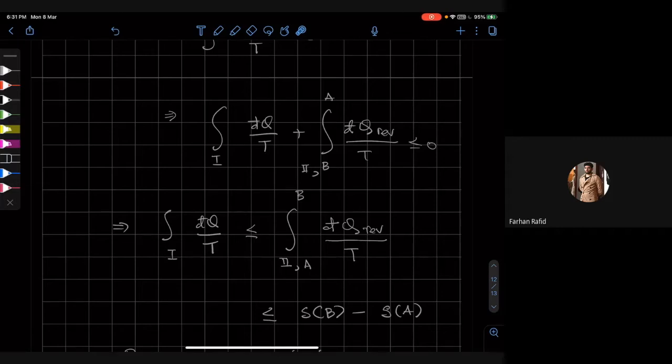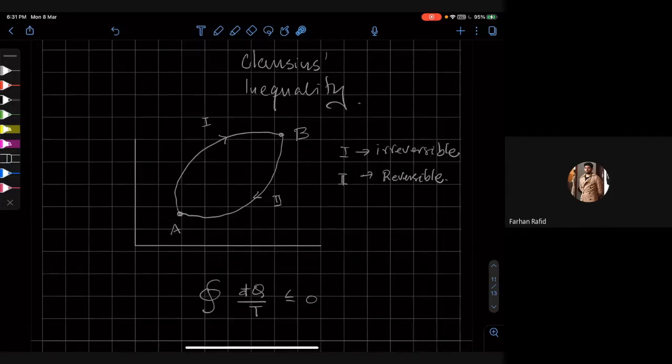So what does this mean graphically? Sorry, what do you mean graphically? It means that if you have a closed path in state space, this integral is either 0 or negative.